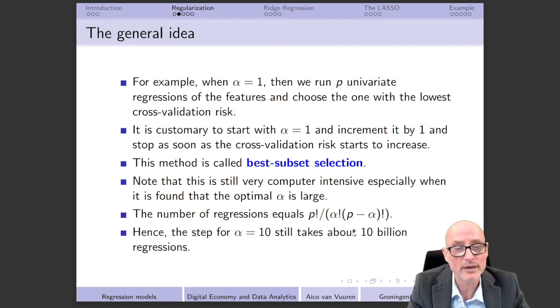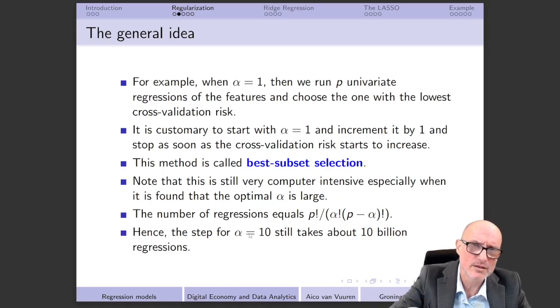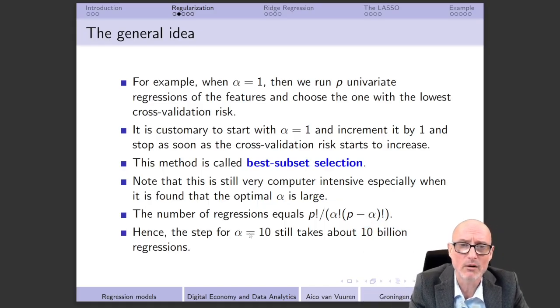That's of course much less than what we have seen on the previous slides, but it still is quite a lot of regressions. And if I find out that alpha equal to 10 probably does not yet give me the optimal alpha, because we probably still see the cross-validation risk go down quite a lot, then I also have to investigate alpha equal to 11, and that will give even more regressions.